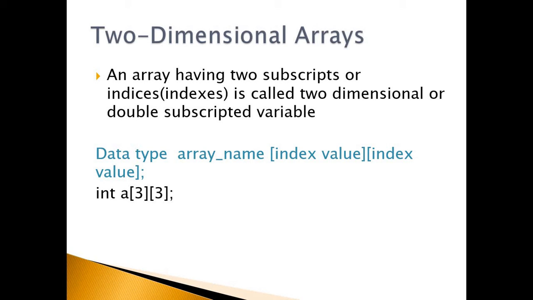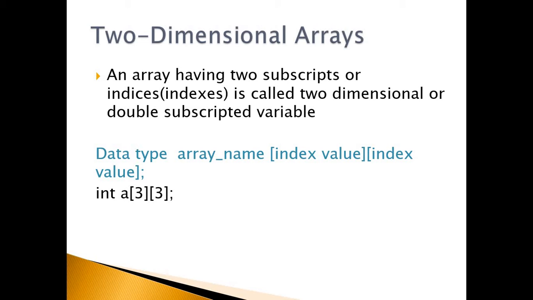So this array can hold a maximum of 3 rows and 3 columns. The total elements in this array will be 3 into 3, that is 9.